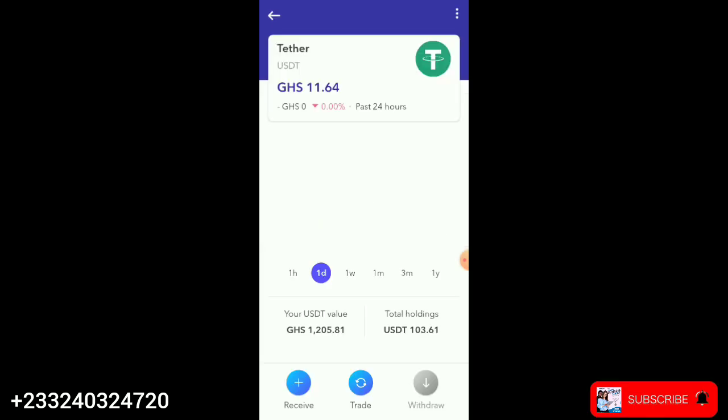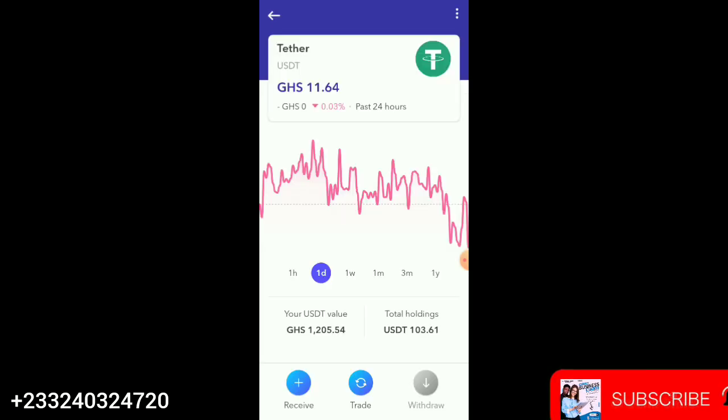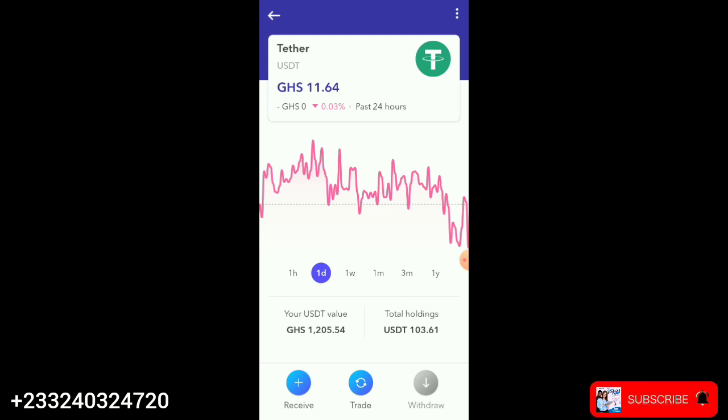So that's how you can sell your USDT without making any losses. But I'll advise you that if you have deposits, or if you have a huge USDT, please wait small, because the withdrawal was there and it went off since their system is not functioning well.